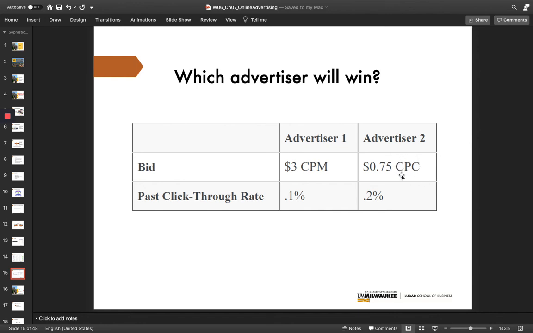From this information, we know every click is $0.75. So for every 1,000 impressions, there will be 2 clicks. And 2 clicks means $1.5, right?